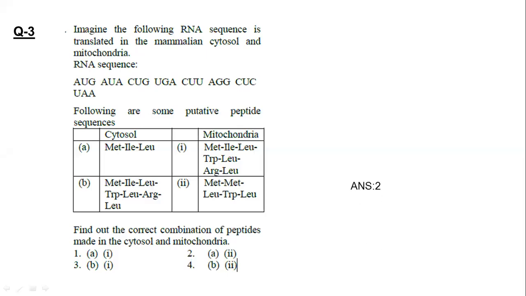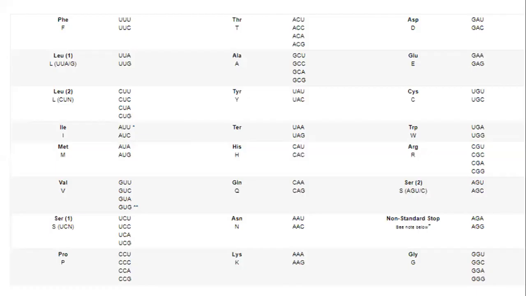Another thing is some deviation in the mitochondrial genetic code. First of all, we'll see here that AUA and AUG code for methionine.